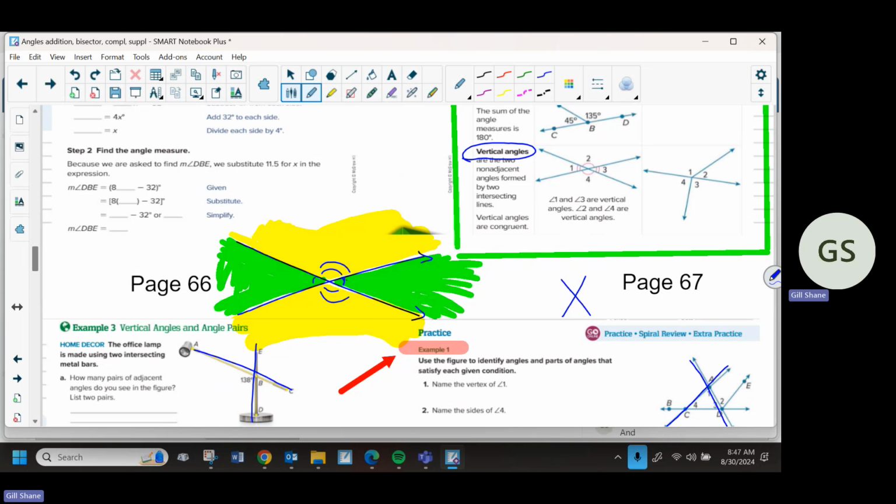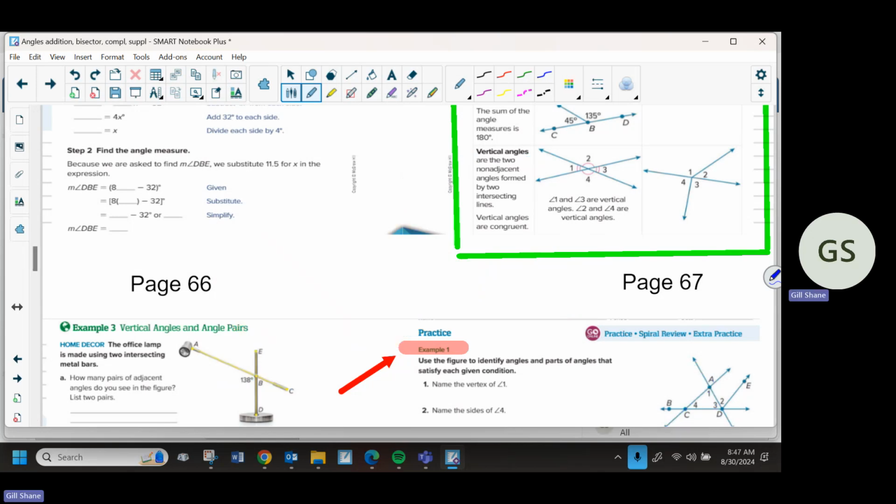And now we're sort of on example 3, page 66. All right, so there was a topic that we barely got to, didn't even get to it in some classes, but it is one of the biggest concepts. I know I've said this a lot, but we're at the beginning of the year and we're learning a lot of things that we will see the rest of the year.